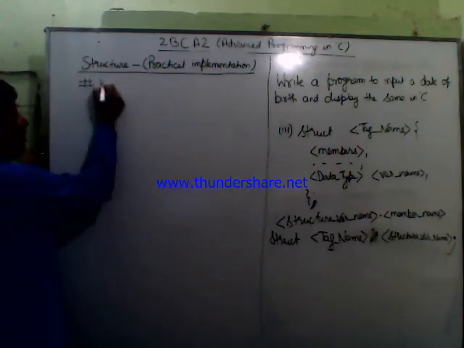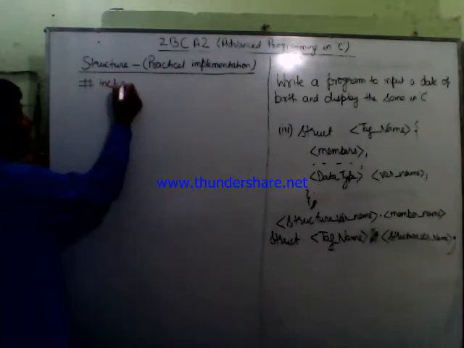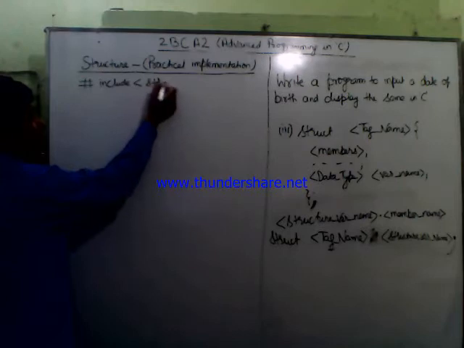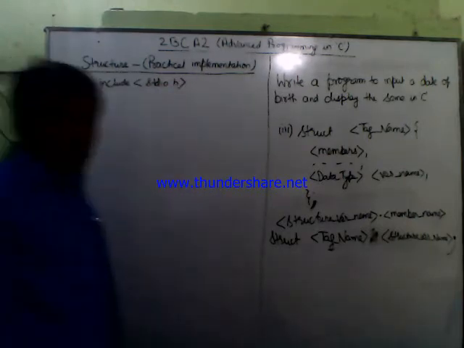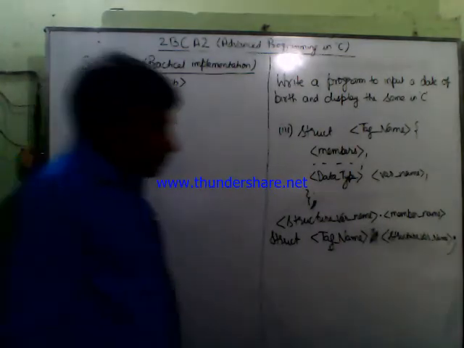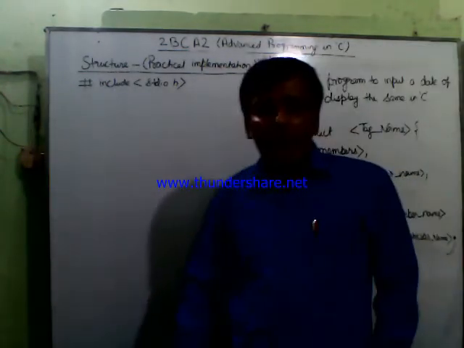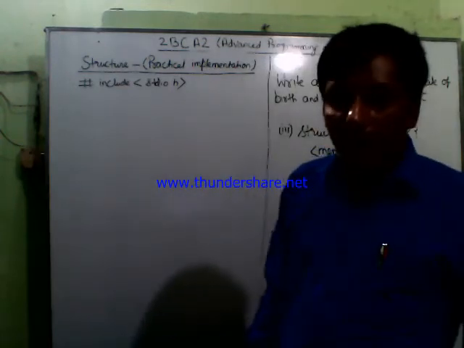First of all, I have written the preprocessor directive include and the header file name stdio.h. Now, by the program we have to input and display a date of birth.